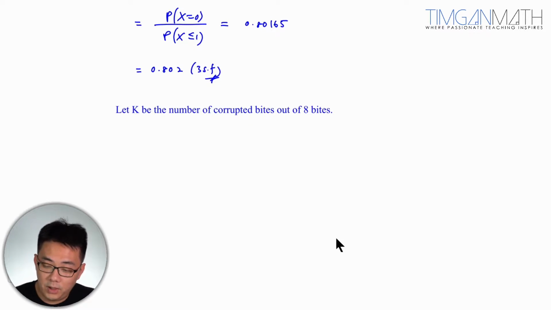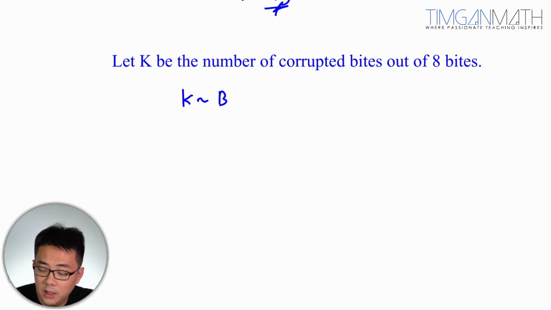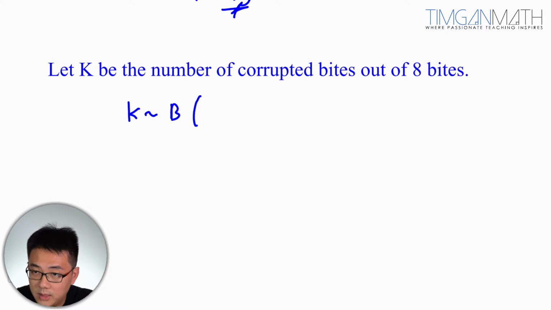So finally, what we need to do now is essentially just write down k, and in this other transmission system, same thing, you put this as 8, and this would just be p.